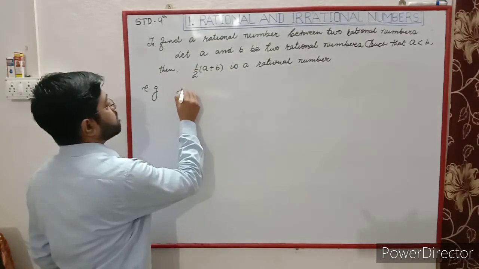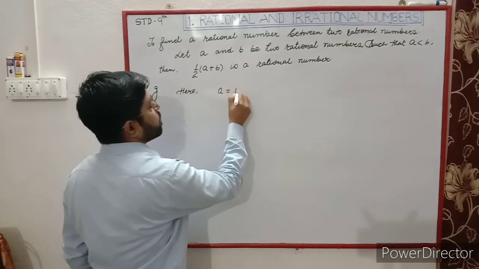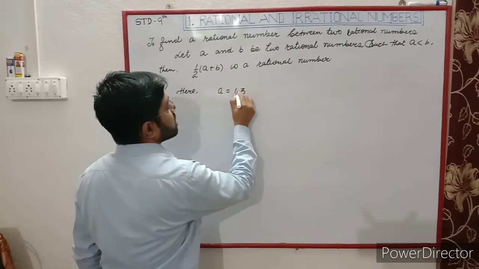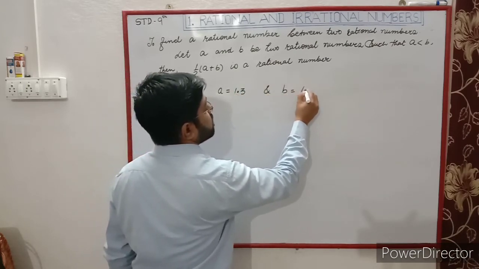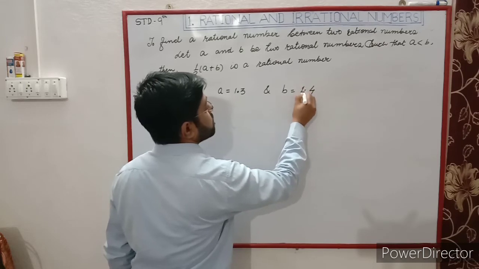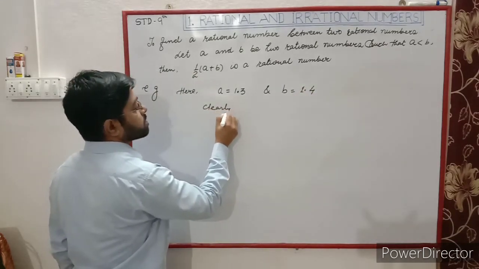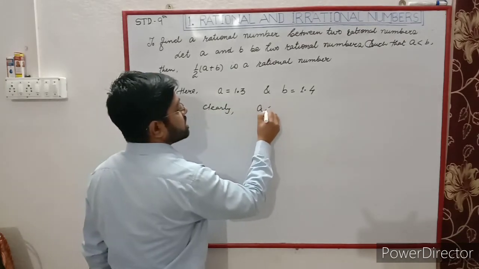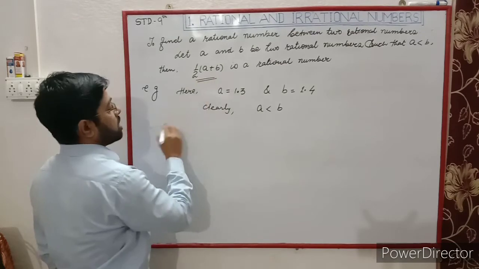So here A is equal to 1.3 and B is equal to 1.4. See here clearly, A is less than B. So we can apply this formula.